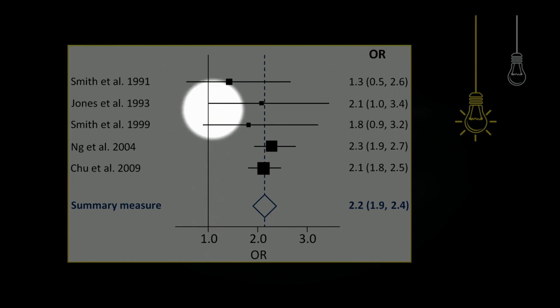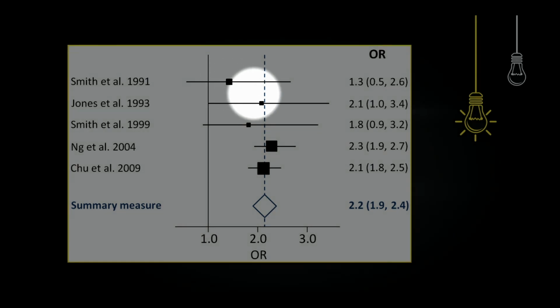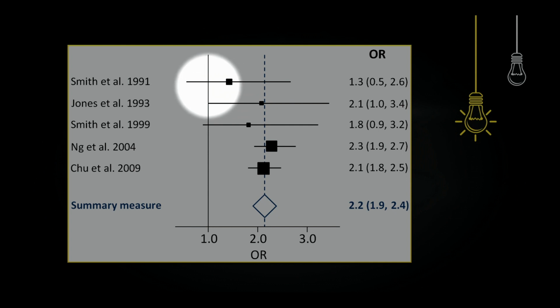So if we're looking at these studies specifically, we notice that there seem to be a lot of studies that are on the right-hand side, or there's a positive association between the two variables. And what you can also notice is that there are a couple that pass the zero line. So we say that any study that passes the zero line, we don't really know if there's a positive or negative effect. It could be either or.